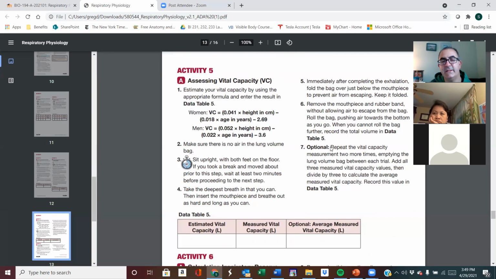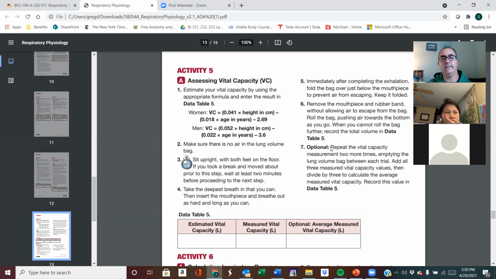Activity 5 is assessing vital capacity. So tidal volume was your normal breathing. ERV was kind of tough, the amount of breath past your normal breath. Vital capacity is pretty easy. Vital capacity is how much you can inhale and exhale in one breath.